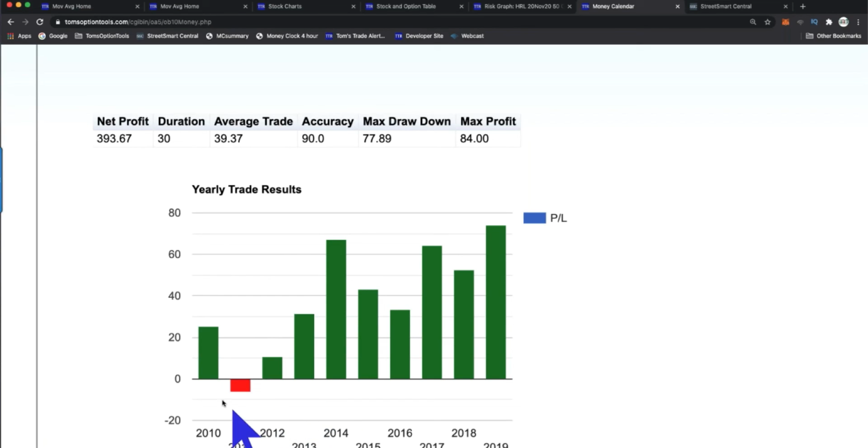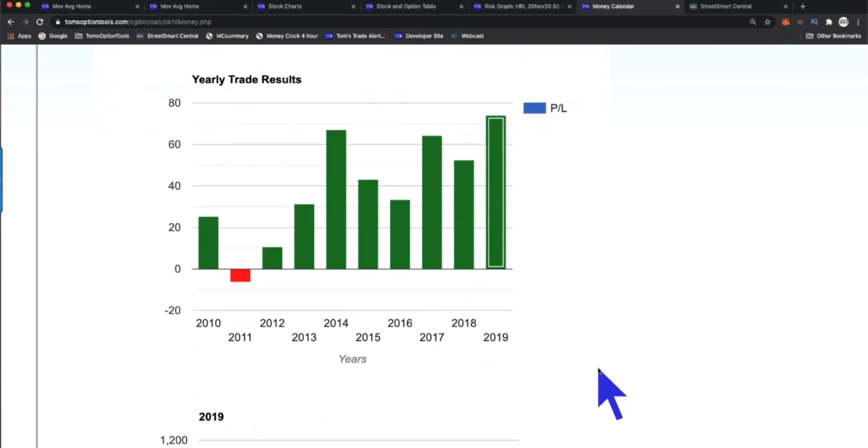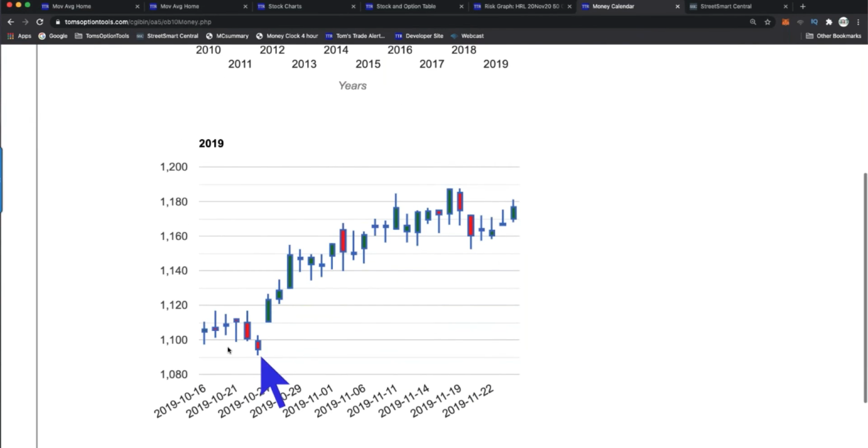Look what happened in the other 9 years. 2010 up 25 bucks, 2012 up 10, 2013 up 31, 2014 up 66, 2015 42, 16 33, 17 64, 18 52, and 19 last year 73 points of the pattern. I'm actually going to click on the pattern. You can see it right here. Kind of a little bit of a move down, then boom, boom, boom, boom, boom, boom, up to new highs.